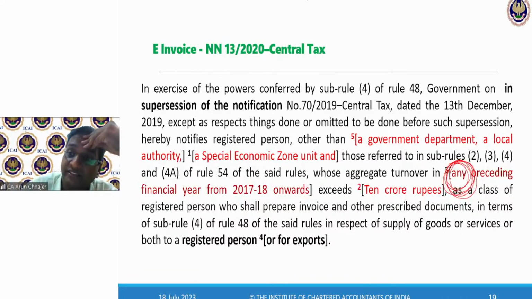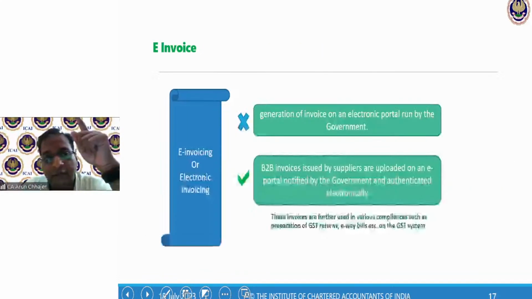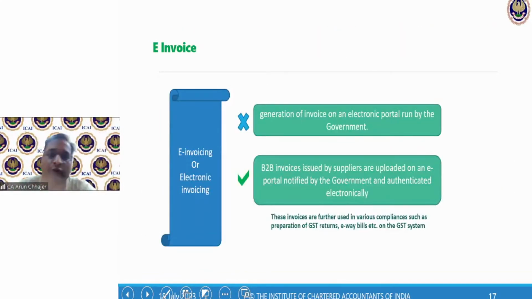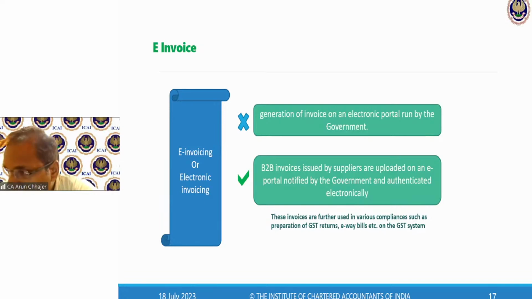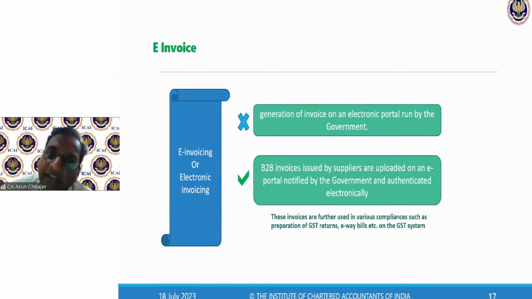Multiple things which we have discussed. Let me revise. What is the e-invoice? E-invoicing means not generating the invoice on the government portal. We will make the invoice as per the current mechanism. But yes, after making the same, I will upload the details on the government portal. What is the name of the government portal?